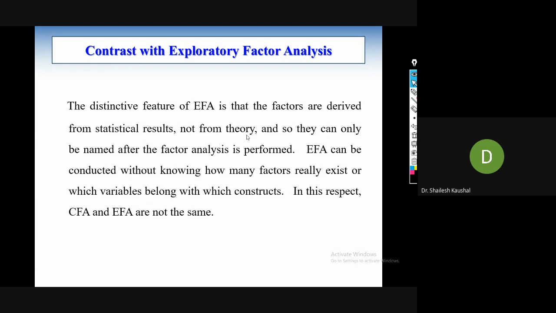In advance, we take 5 constructs to explain the theory of planned behavior. EFA can be conducted without knowing how many factors really exist or which factor belongs to which indicator. We do not know in an EFA. But in CFA, we decide these 4 questions will come under this factor.